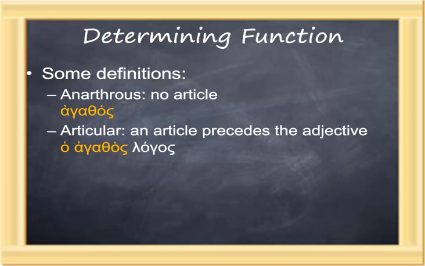An adjective with no article preceding it is called anarthrous. An adjective with an article preceding it is called articular. Recognizing the presence of an article or its absence before an adjective is one of the clues for determining function.